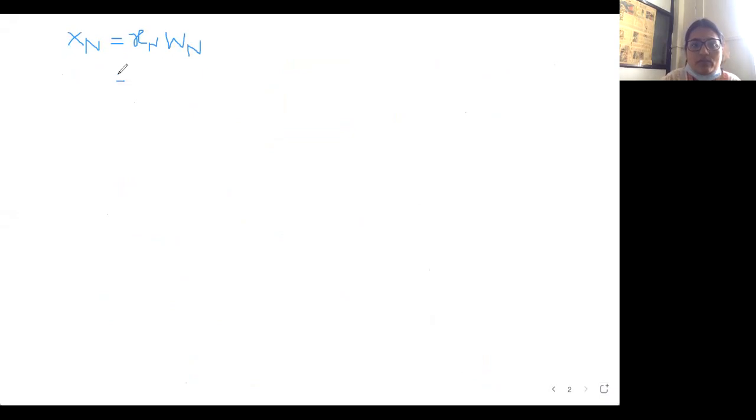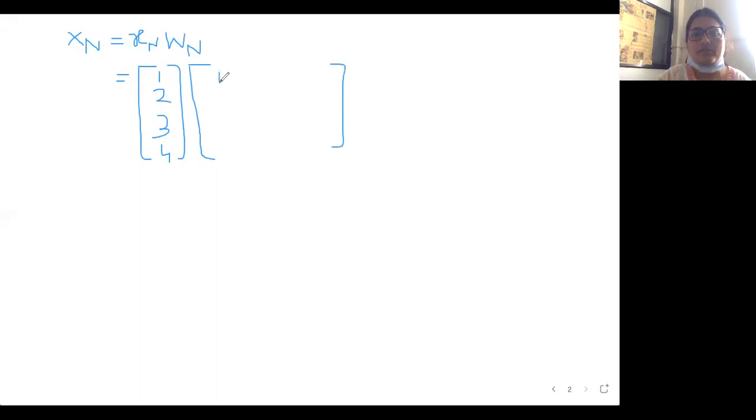So I will substitute values accordingly. The first matrix, which I have written already in the earlier slide, is going to be 1, 2, 3, and 4. And the second matrix is going to be 1, 1, 1, 1, 1, 1, 1. This is minus j, minus 1, and this is plus j.